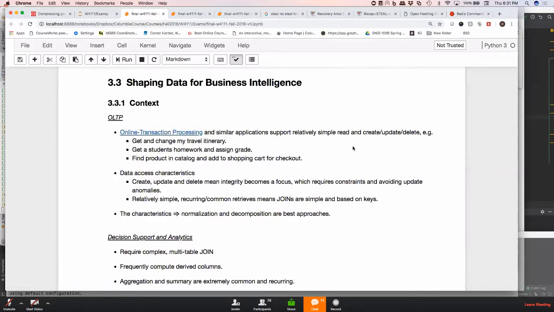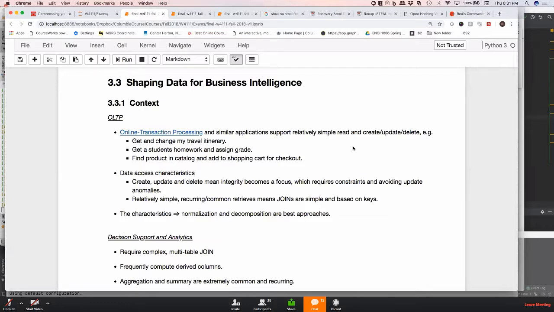You change account balances. You go and you add segments to a trip. So it has updates. And in general, the queries are relatively simple. If I go to an ATM, I'm not asking for the average account balance over all people in Bolivia in the past 3 months. I just want to know my account balance. So it tends to be very simple key-based queries, and it has updates.